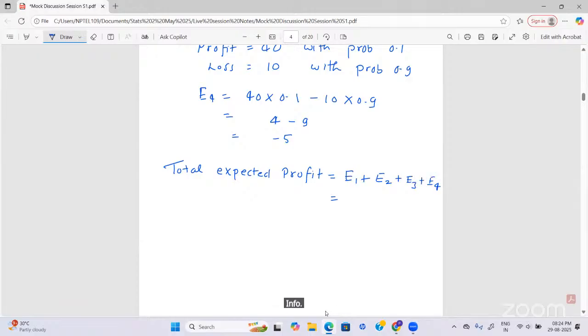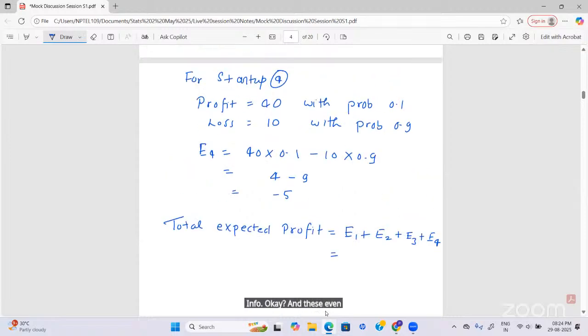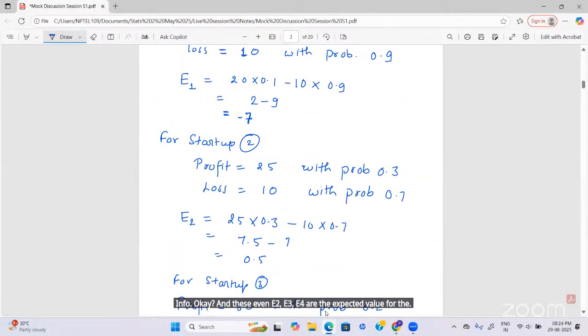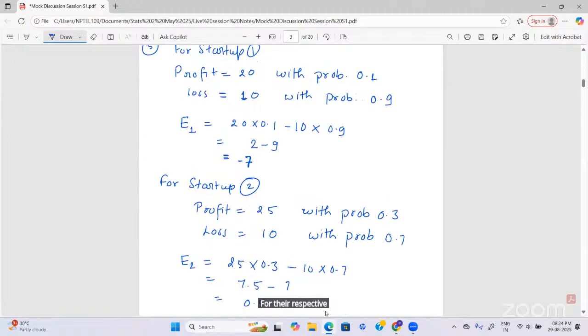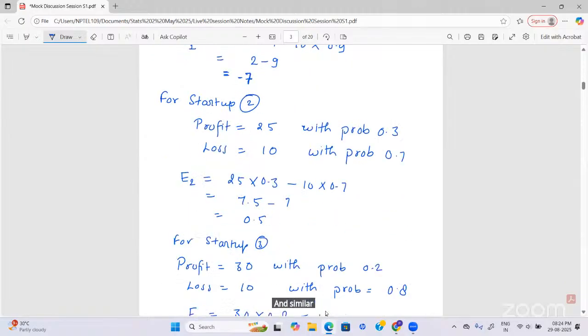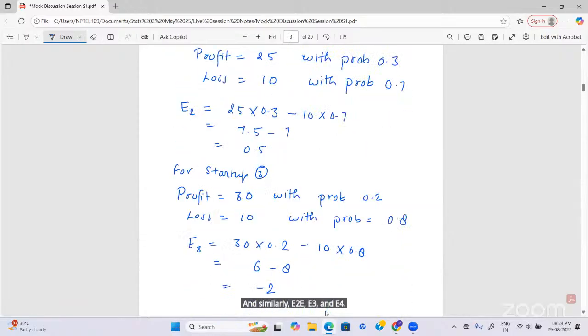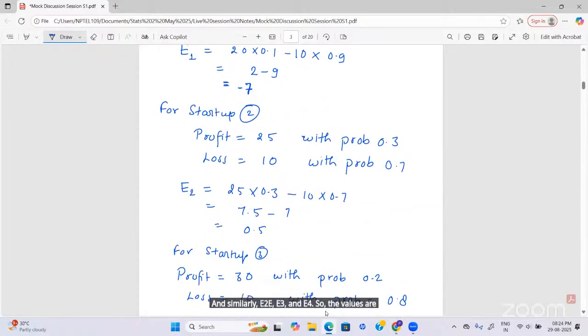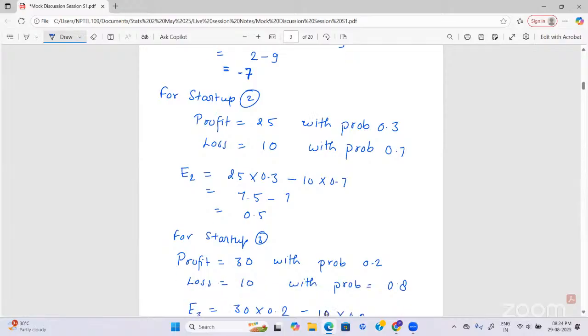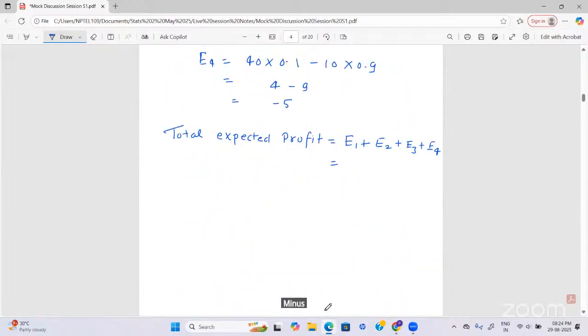These E1, E2, E3, E4 are the expected values for their respective startups. E1 is the expected profit for startup 1, and similarly E2, E3, and E4. So the values are -7, 0.5, -13.5, -2.